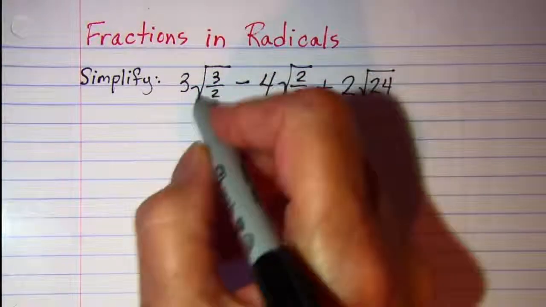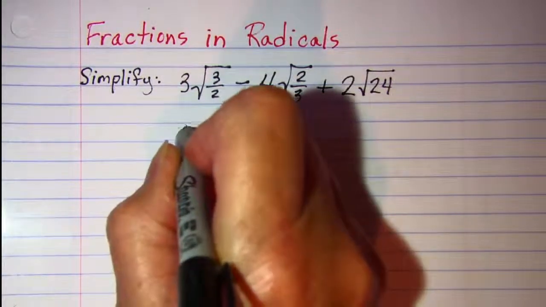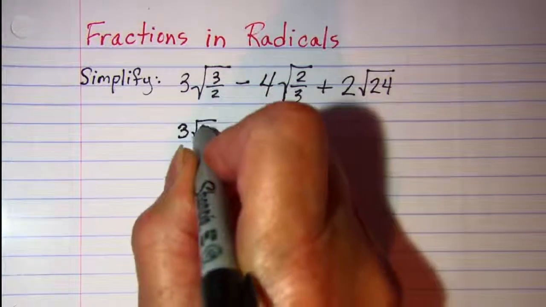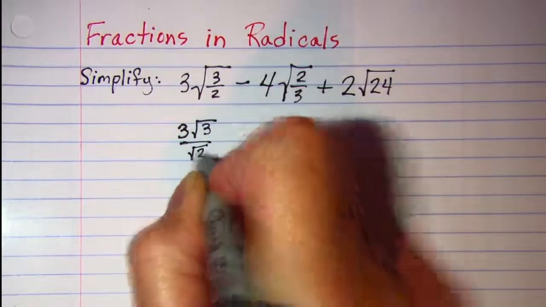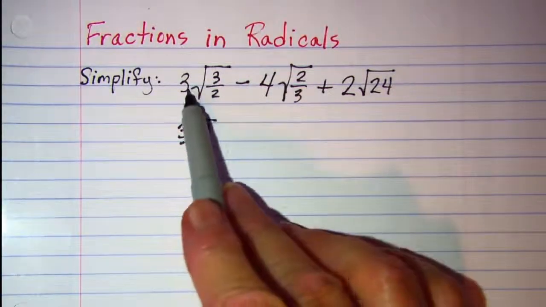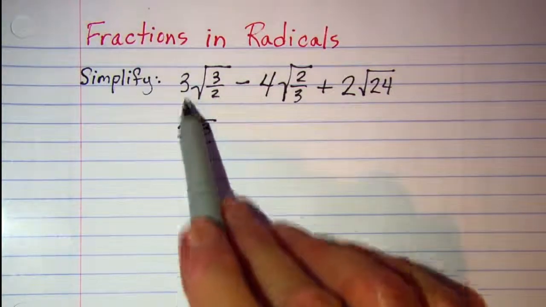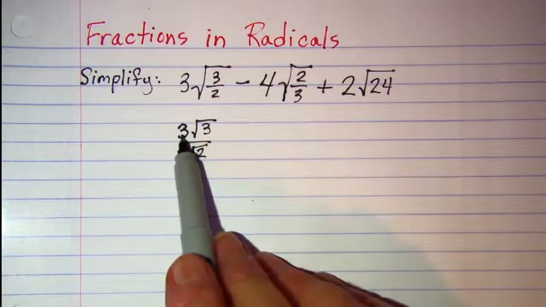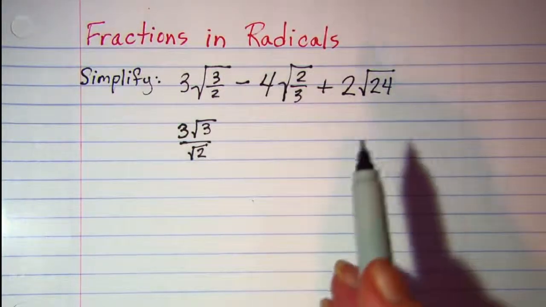So this first term I can write as 3 times the square root of 3 over the square root of 2. Notice that this 3 out in front is 3 over 1, so that it goes in the numerator with the square root of 3.